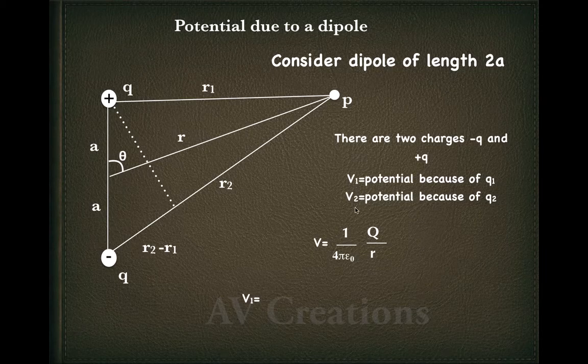So the equation for V1 will be 1 by 4 pi epsilon 0 times plus q upon R1. Then the equation for V2 will be 1 by 4 pi epsilon 0 times minus q upon R2. These are the two equations for electrostatic potential because of the charge minus q and the charge plus q.